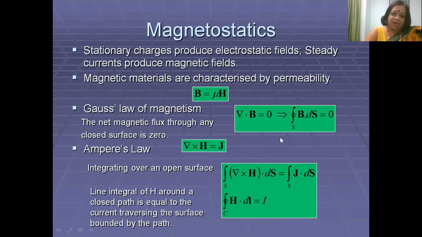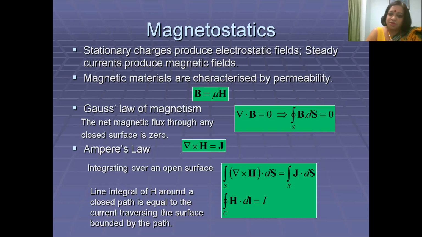Now, in the previous case, before we came to the PDE, we considered certain laws which hold for the electrostatic fields. And the most important law is Gauss's law. By analogy, you also have Gauss's law for magnetism. Divergence of D is equal to rho, but the divergence of B is equal to 0.